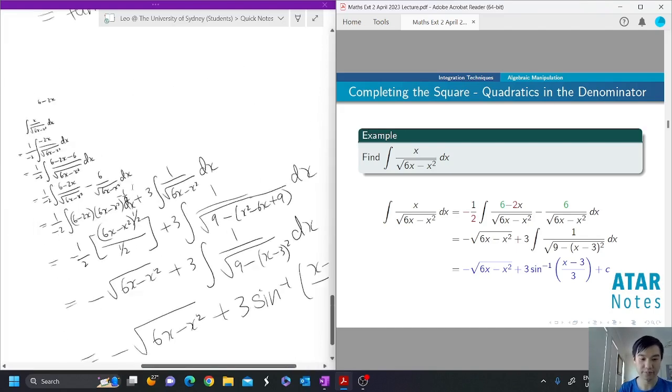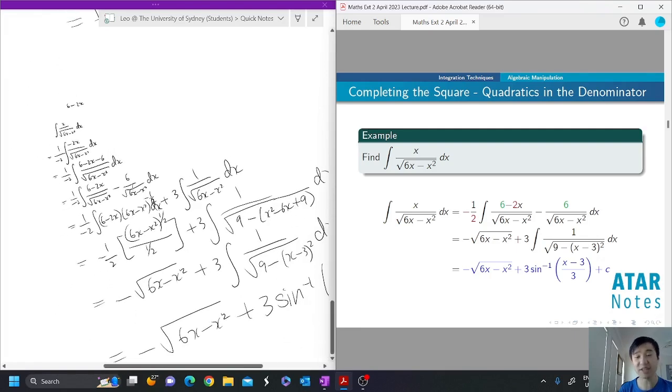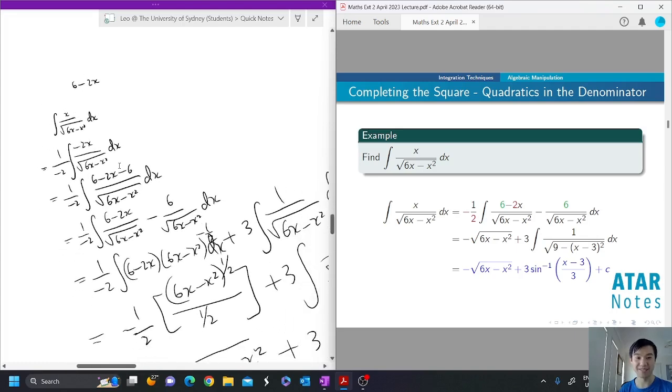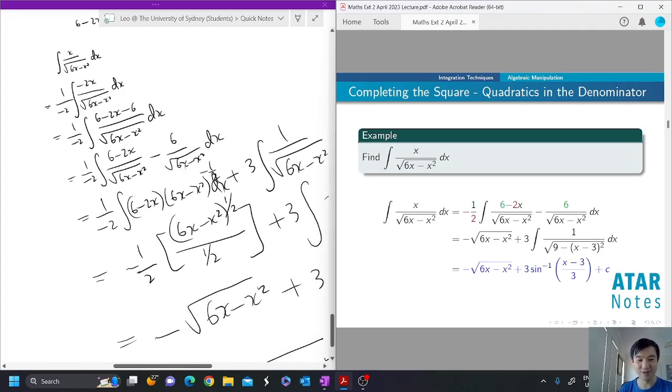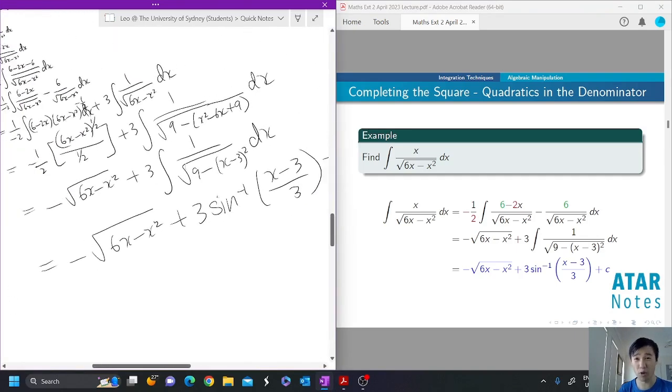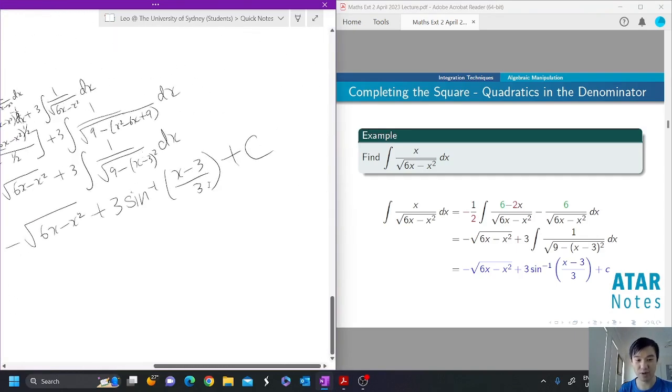Okay, cool. So you can see the difference between extension 2 integration and extension 1 or advanced integration. It is a bit more complicated, you can say, with the algebraic tricks you need to know, and also a good working knowledge of your standard results that you have.